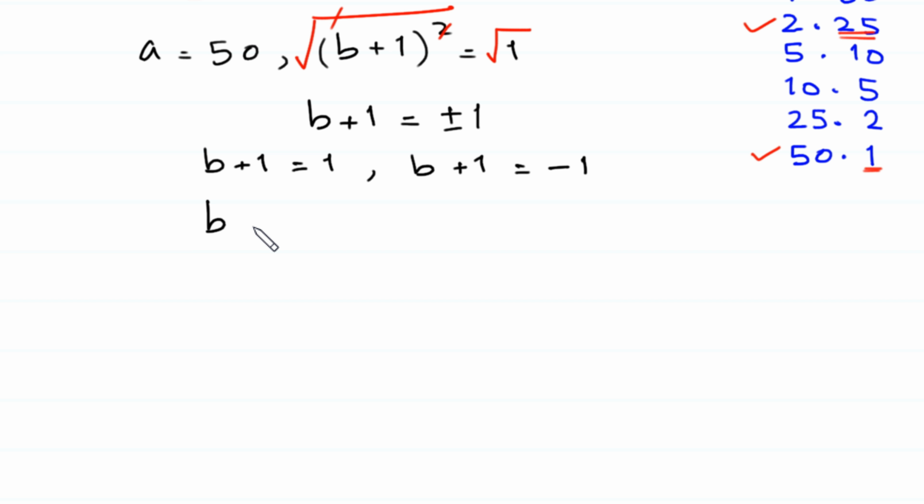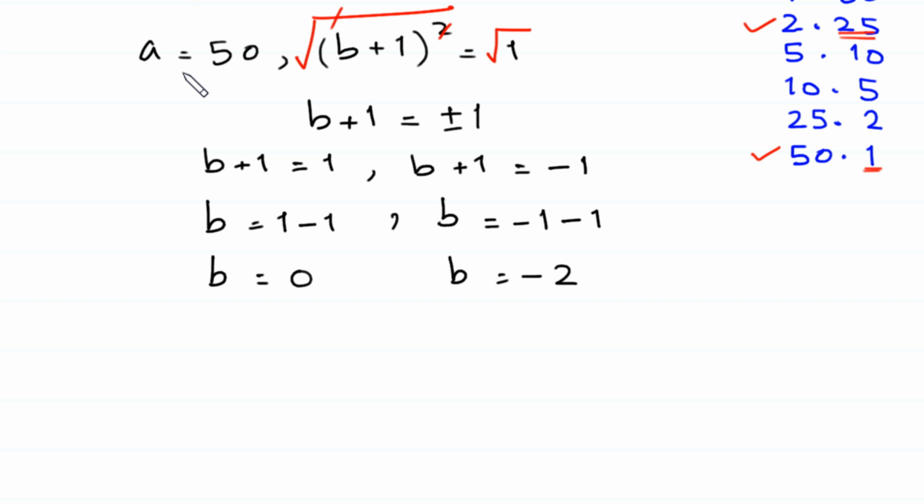From here b is equal to 1 minus 1, 0, and from here b is equal to negative 1 minus 1 and b is equal to minus 2.